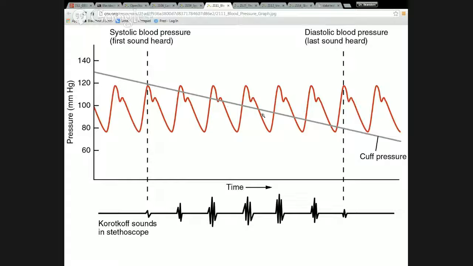When the pressure in the cuff falls off to below the diastolic pressure, no longer does the brachial artery close off with each heartbeat. And so the sounds stop occurring. So you don't hear any more sounds because the brachial artery is staying open the whole time, no matter what pressure's in the system.